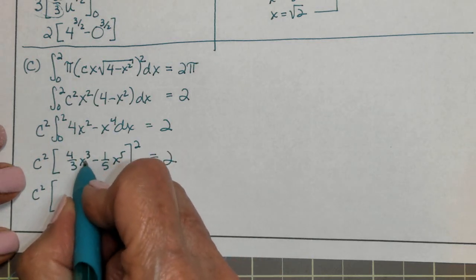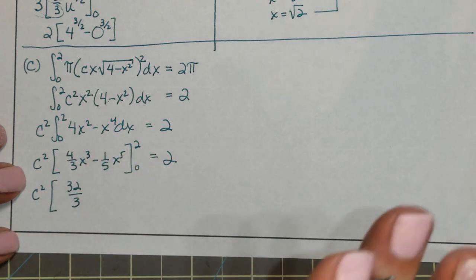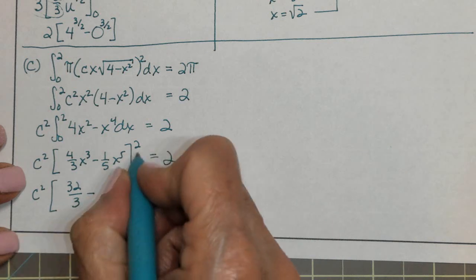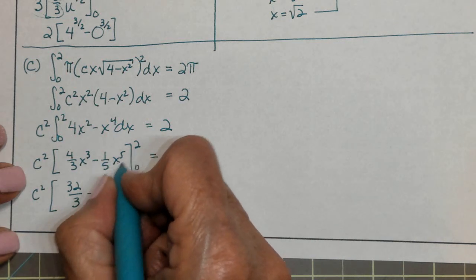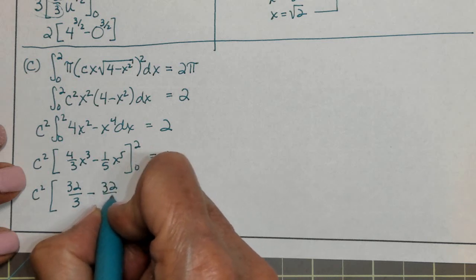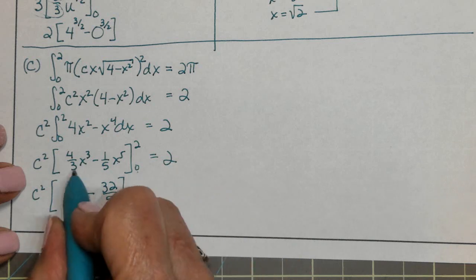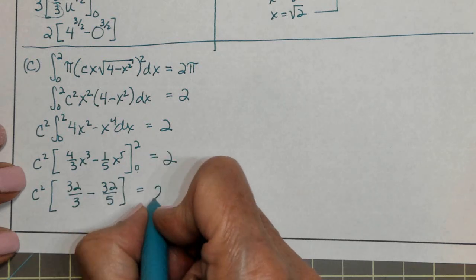This is 8. 8 times 4 is 32. 2 to the 5th is 32, but we're dividing by 5, so 32 over 5. And then when you put in 0, that'll just be 0.